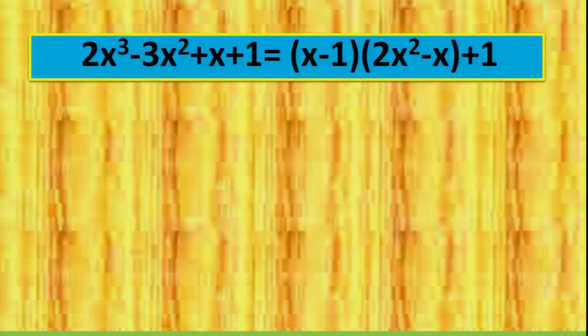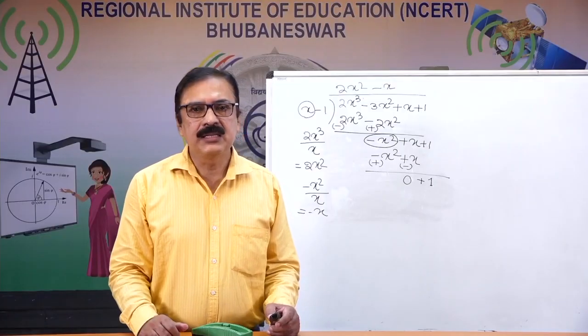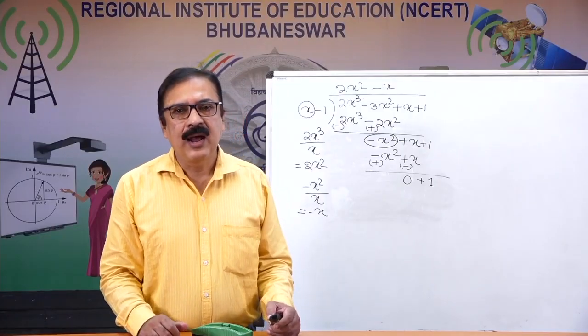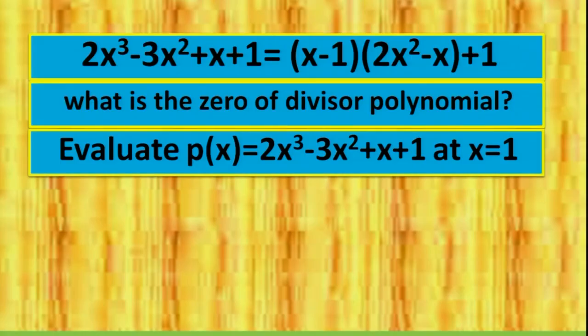Now come to this multiplication again. Here, what is the 0 of the divisor polynomial? Which is the divisor polynomial here? The divisor is x minus 1 and its 0 is how much?